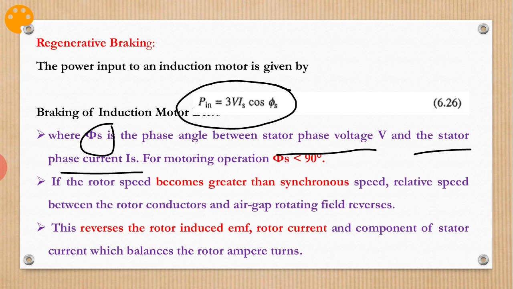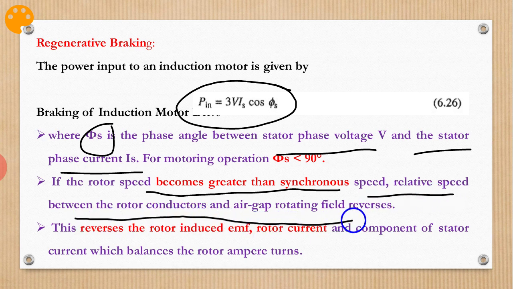If the rotor speed becomes greater than synchronous speed, the relative speed between the rotor conductor and air gap rotating field reverses. This reverses the rotor induced EMF and rotor current, and the component of stator current which balances the rotor ampere turns.